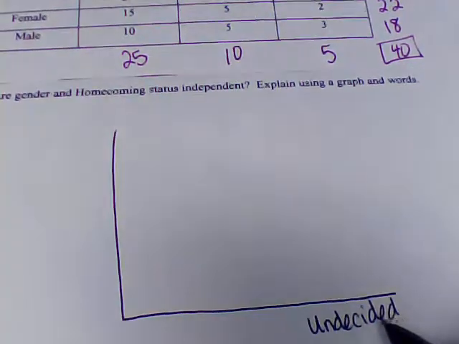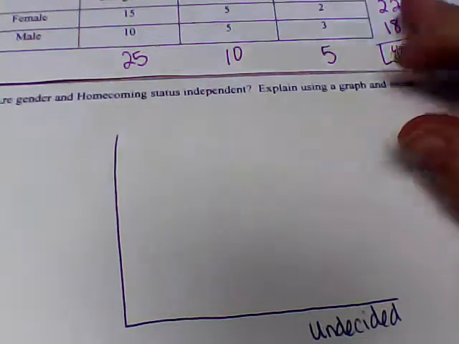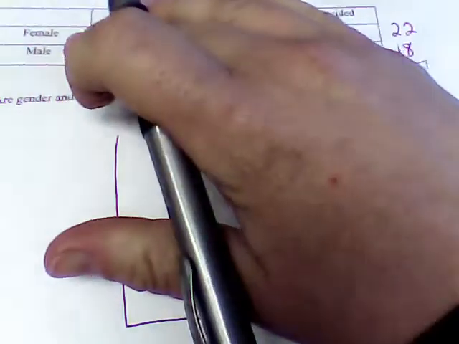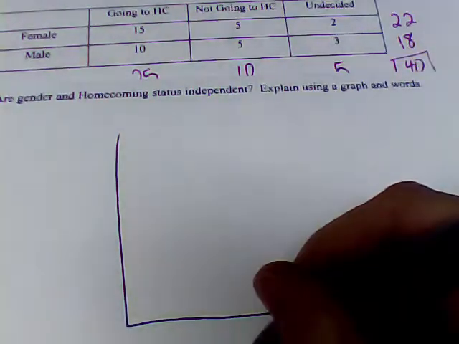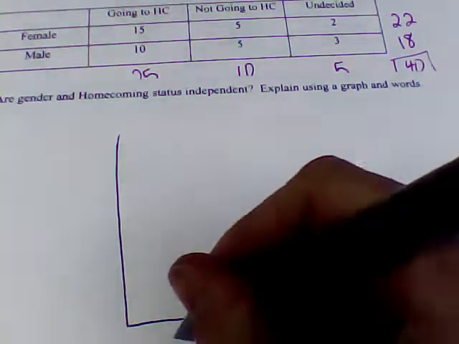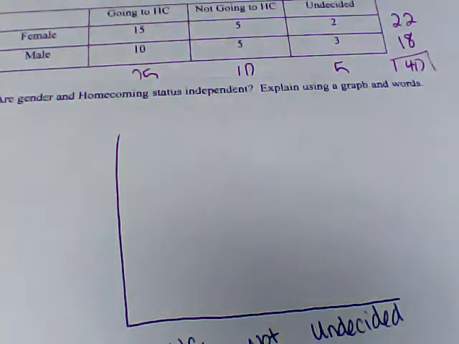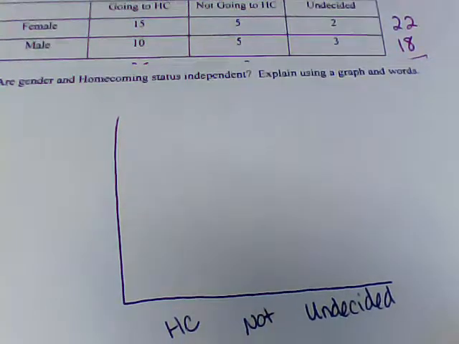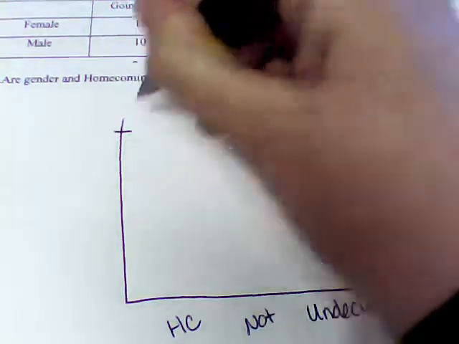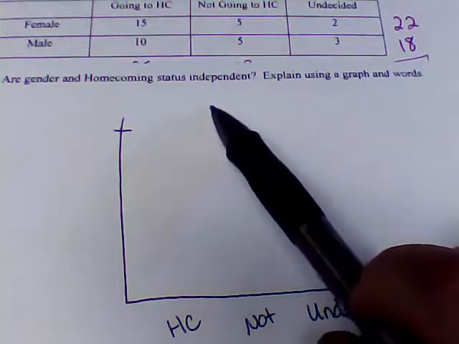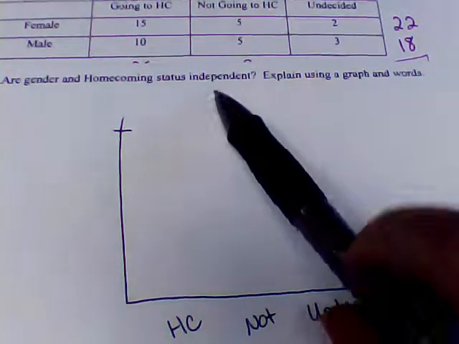Okay, so we have the undecided group. We also have the not going to homecoming group, and this is the homecoming group. Okay, so if you're making a segmented bar chart, that's the best and easiest way right now to figure out if 2 variables are independent.